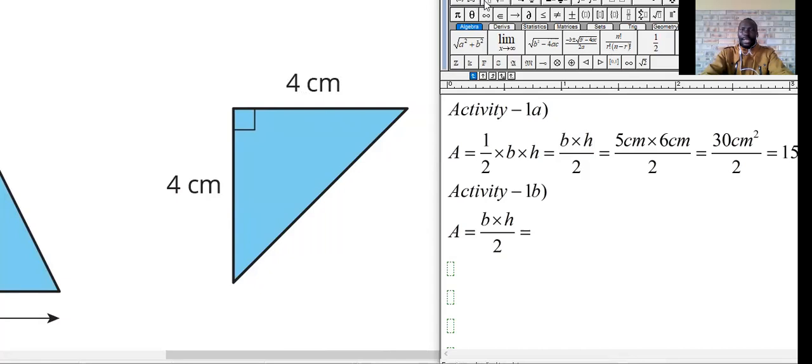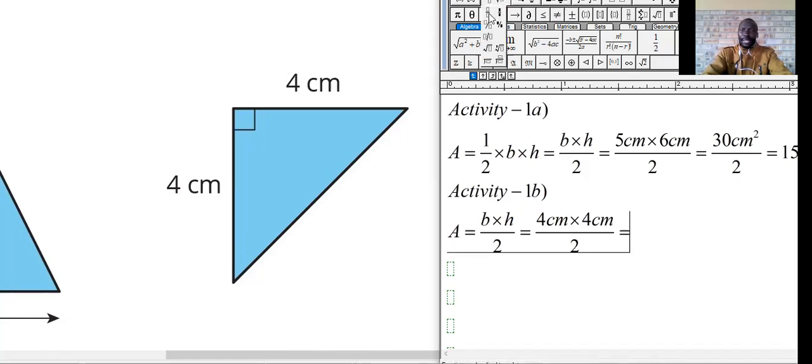And when we do that, for the numerator, we are going to be having 4 centimeters for the base, and also 4 centimeters for the what? For the height. So that will give us 4 centimeters times 4 centimeters. And then we have to divide this value by 2. So please note that when we do that, we are going to have 16 centimeters squared for the numerator.